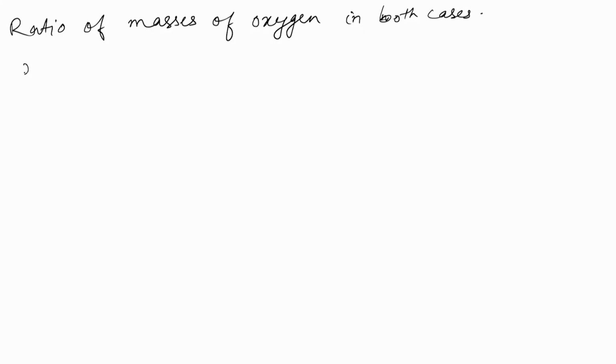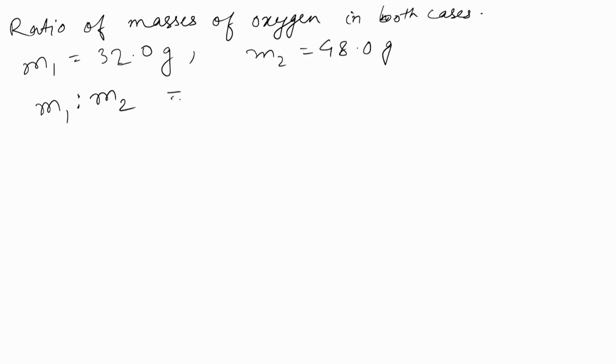M1 was 32 and M2 was 48. So M1 is to M2 gives us the ratio of the masses of oxygen in compound 1 and compound 2. This will be 32 is to 48.